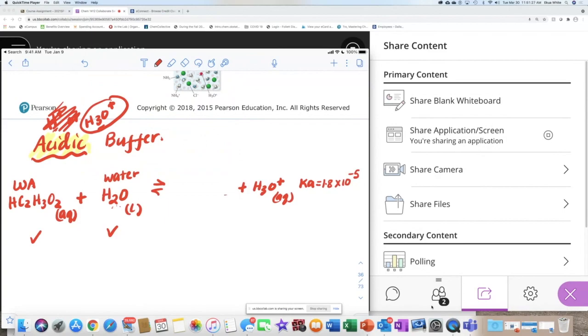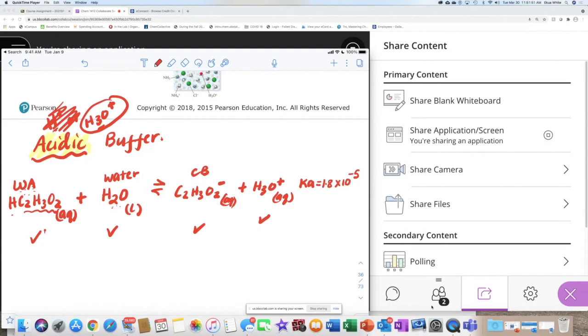And then the other product will be the conjugate base of the weak acid. So everything here except for the H: C2H3O2 minus, the conjugate base, also in aqueous state. So these four formulas are expected. Weak acid on the reactant side, water on the reactant side.